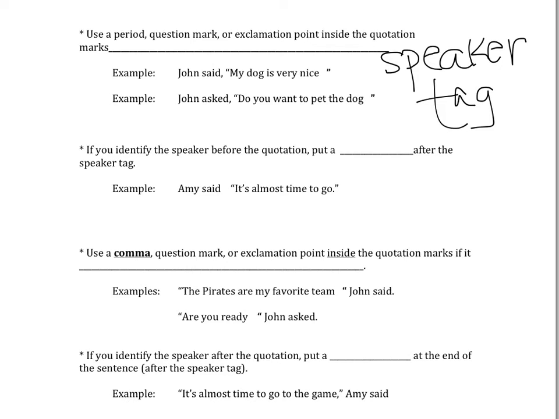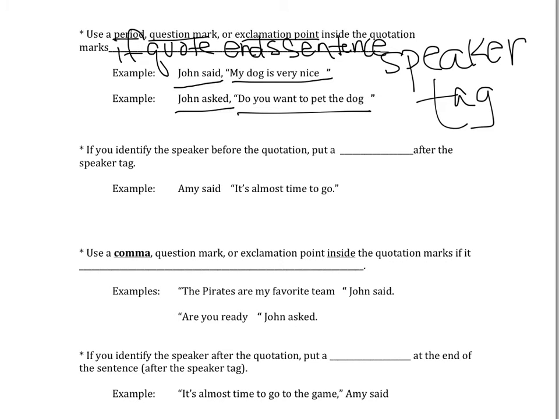So if you are going to put the speaker tag at the beginning, and therefore your quote is going to end the sentence, then you will use a period, a question mark, or an exclamation point inside the quotation marks if the quote ends the sentence, meaning the quote is at the end of the sentence and the speaker tag's at the beginning.